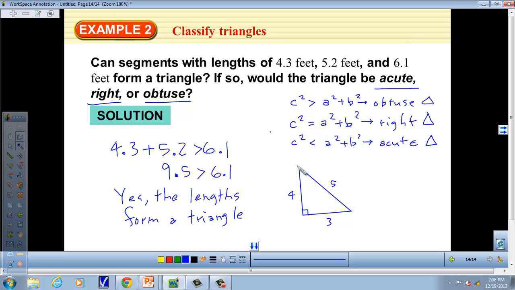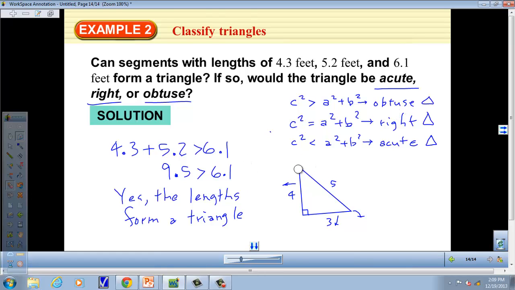Now, if I was to make this side longer and this side longer, what would happen would be, if these were the same lengths, the 3 would go out this way, the 4 would go out this way, and because this side would be getting bigger, this angle would get bigger as well. Since this angle would be more than 90, that would make this an obtuse triangle, because an obtuse triangle is a triangle with one obtuse angle.